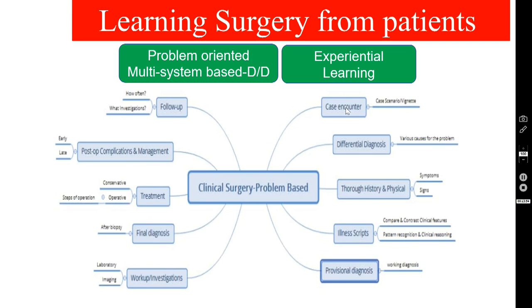The first thing you have to think of whenever you are testing a patient is the differential diagnosis. What are the various causes for this problem? For example, if it is an acute right lower quadrant pain, you should think, the patient is coming with this problem, what are the different causes for this acute right lower quadrant pain.